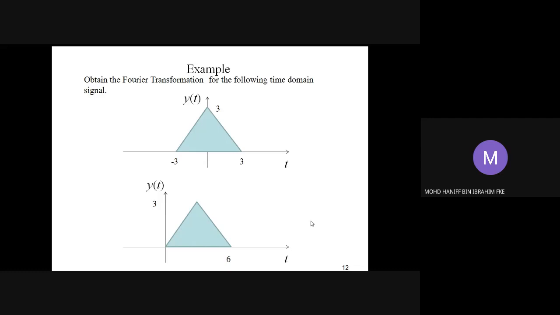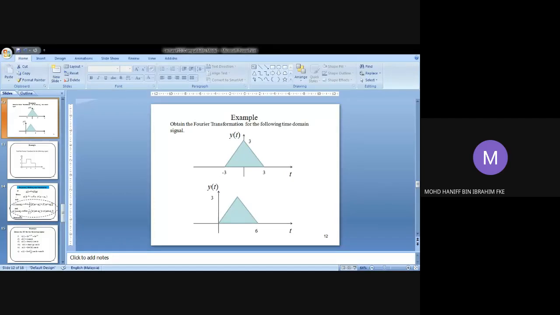We are requested to find the Fourier transform for signal number 1 and signal number 2. Knowing that we are referring to the triangular function, you have to refer to the table of Fourier transforms, which indicates the transformation of triangular functions. So let's have a look at the solution for this example.